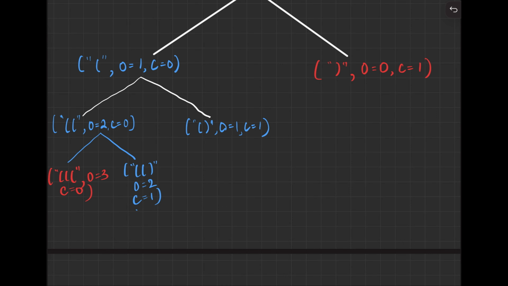We can keep working here. Eventually, if you start building out this tree, it will give you a valid parenthesis where O will be 2 and C will be 2. And if you keep working on this tree, you'll get another answer where O is again 2 and C is again 2, and your answer would be open, close, open, close.